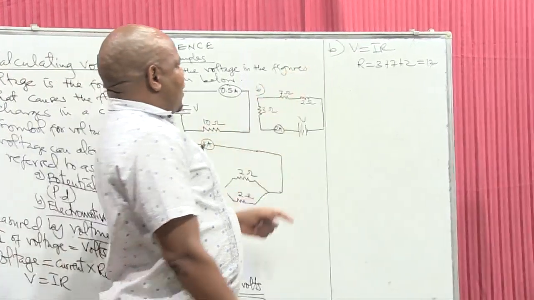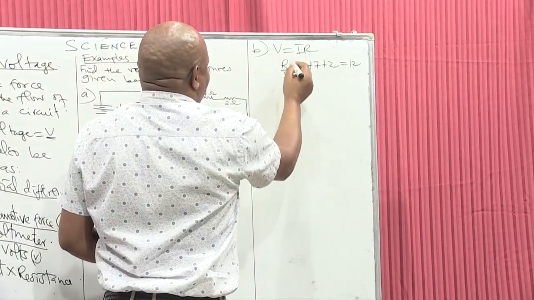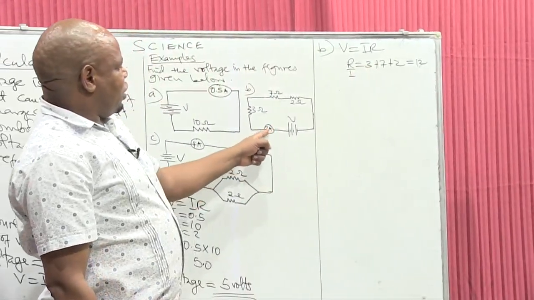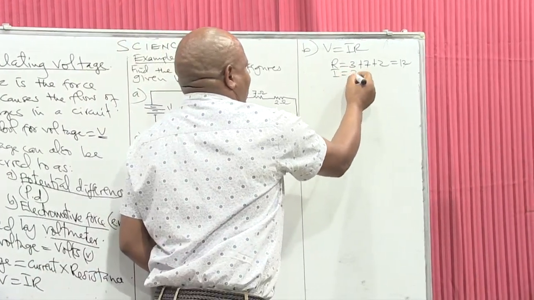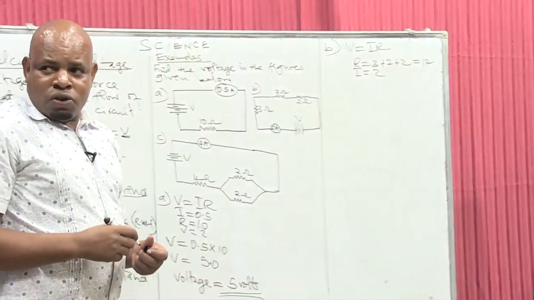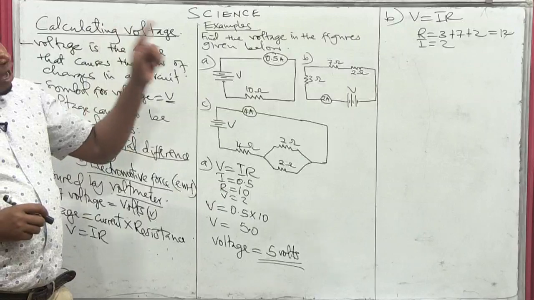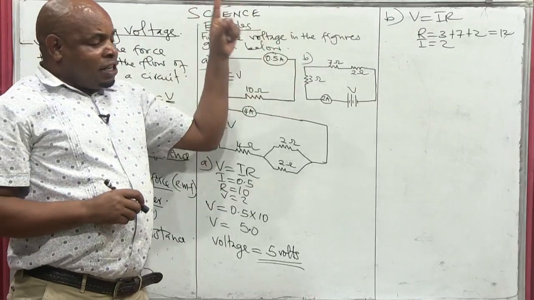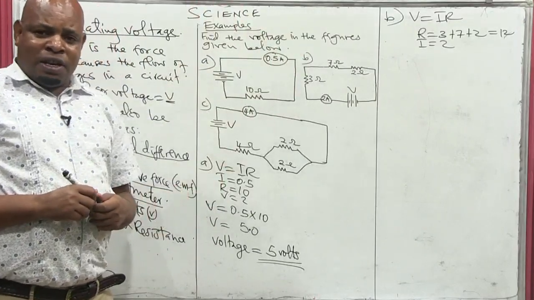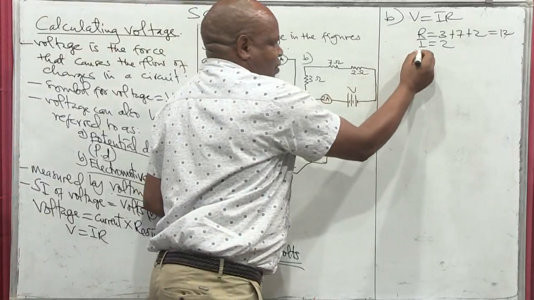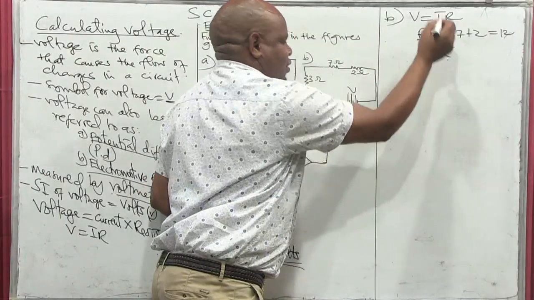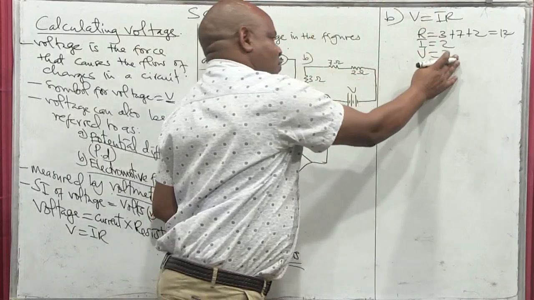We have been given I in our figure. It is here, 2. So we are looking for the value of V, which is missing, which we have not been given. V, question mark.